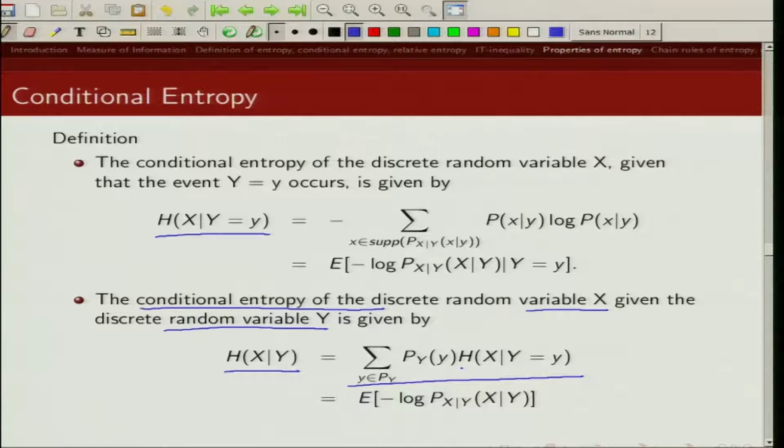It is the conditional entropy of x given a particular event y has occurred, multiplied by the probability of occurrence of that particular event, and we sum it over all y's. So, this can be written as the expectation of minus log of the conditional distribution of x given y.